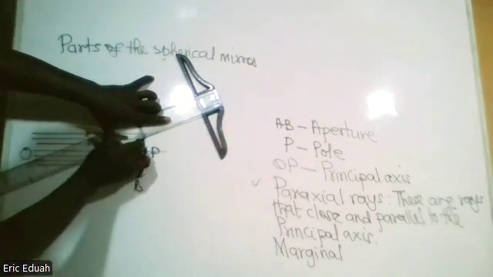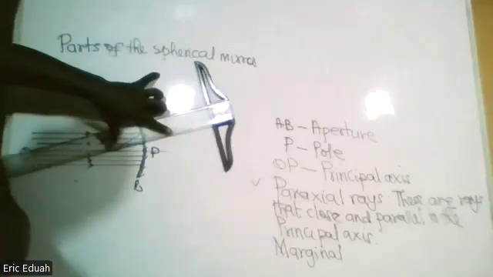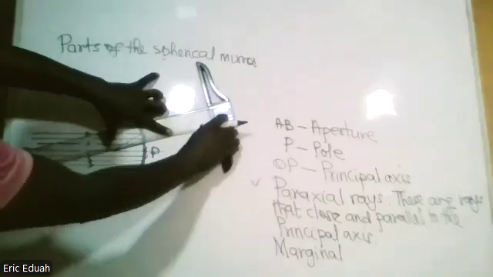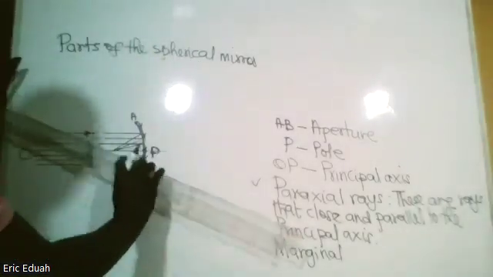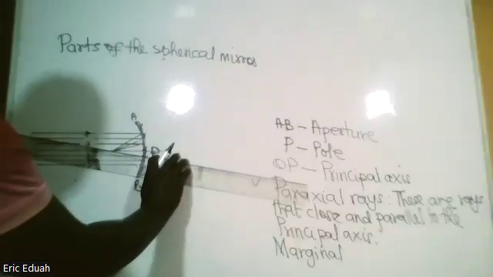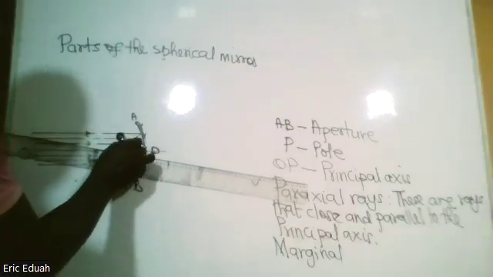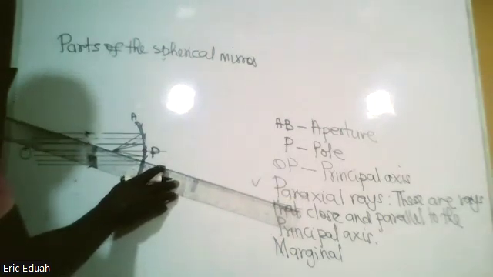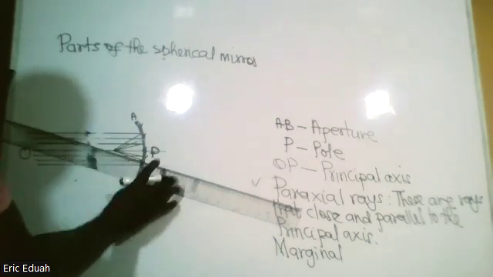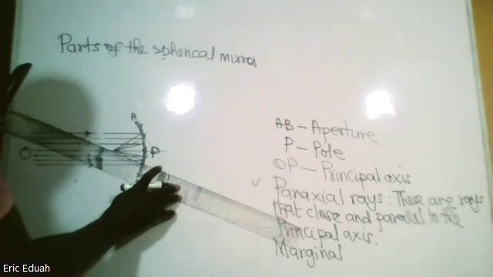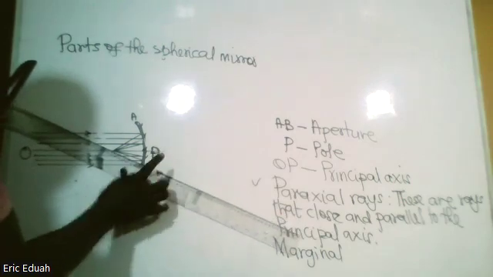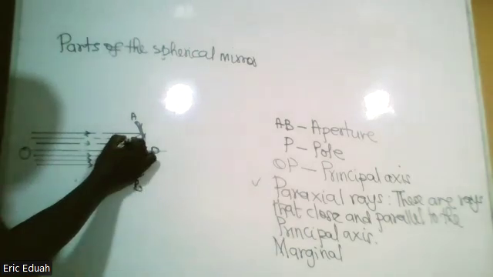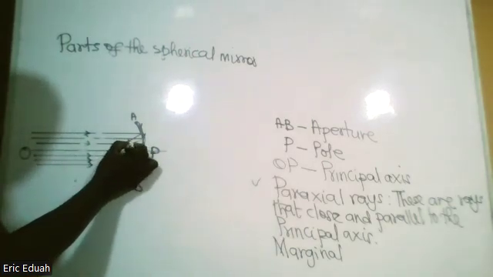If they are not paraxial, they wouldn't meet at a point after reflection. So we have a point on the principal axis where all paraxial rays converge after reflection. So all these are reflected, draw a small arrow.